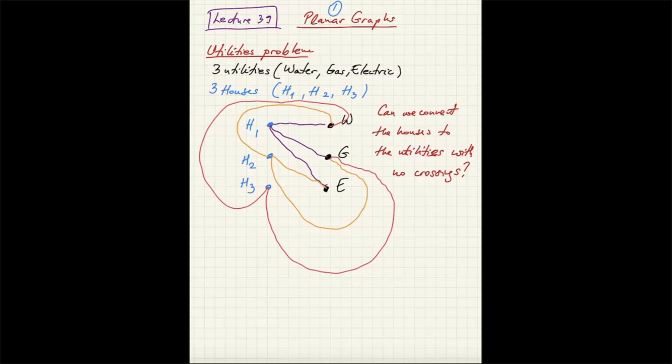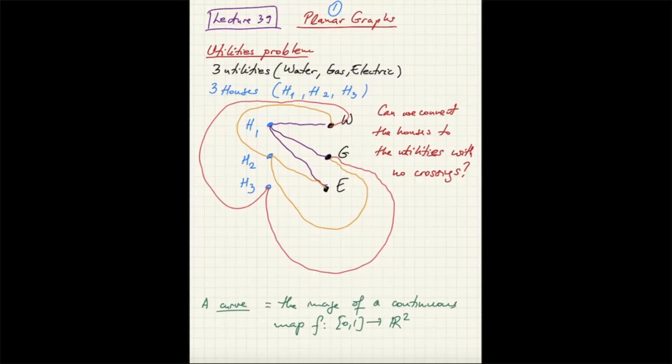Let's give some formal definitions here. First, a curve for us will be just the image of a continuous function, say from some closed interval, say [0, 1], to R squared.